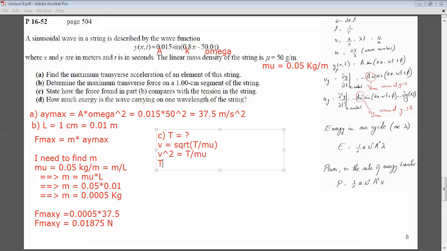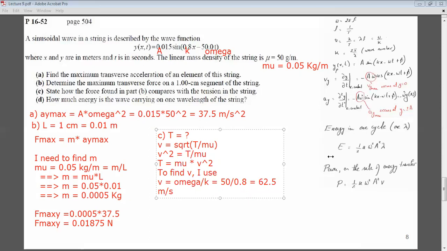So tension is equal to mu times v squared. Mu, I have it. So I want to find v. I use v equal to omega over k, which is 50 over 0.8. It gives me 62.5 meters per second. You just use your calculator.